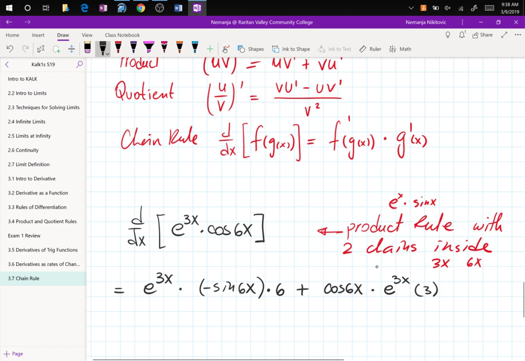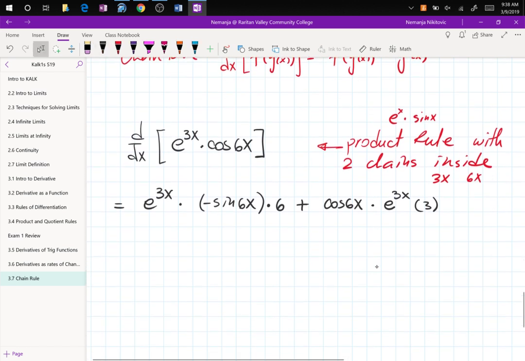So we see that the entire thing is the product rule, and then you have these two chains that are there because you had to take the derivatives of the inner functions. So now this becomes negative 6 e to the 3x sine 6x plus 3 e to the 3x cosine 6x.